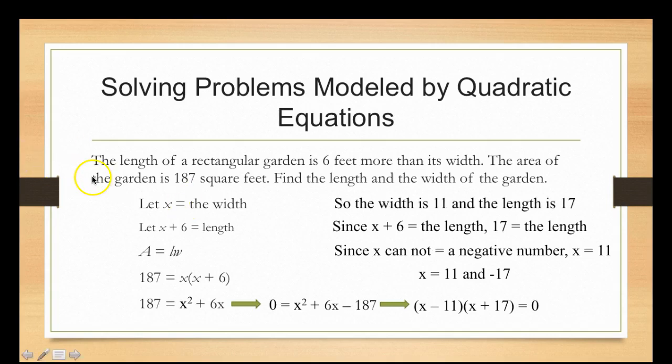And remember, when you have word problems, you must have word answers. So our answer is the width of the garden is 11 feet and the length is 17 feet.